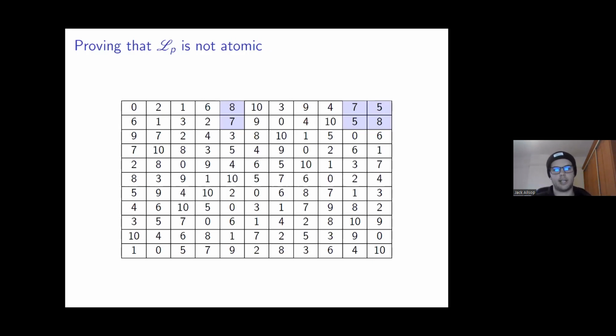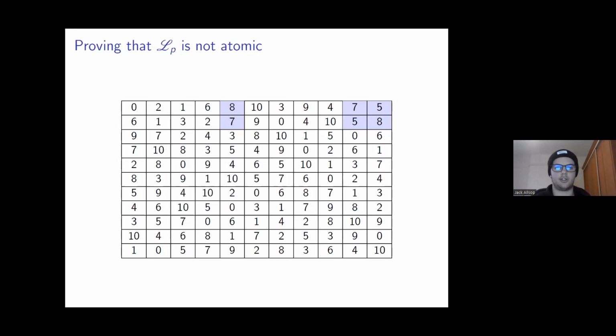So this Latin square here is the 3-2-1 conjugate of L_11. And the highlighted cells here show us that the row permutation R_01 of this square contains the 3-cycle 875. So the 3-2-1 conjugate of L_11 is not Row-Hamiltonian, so L_11 is not atomic.